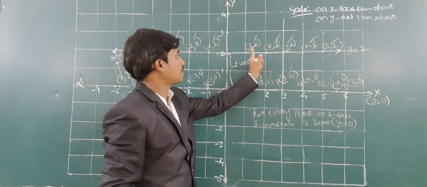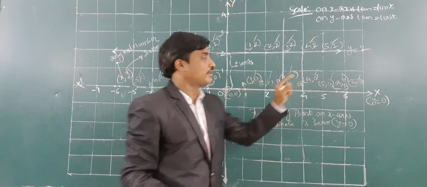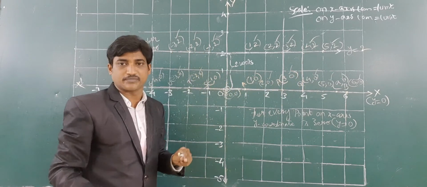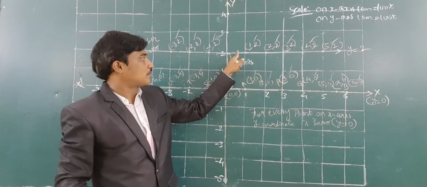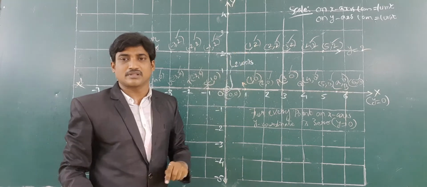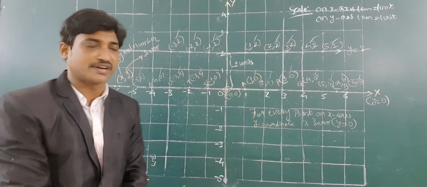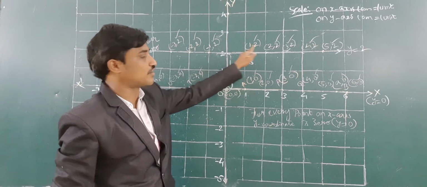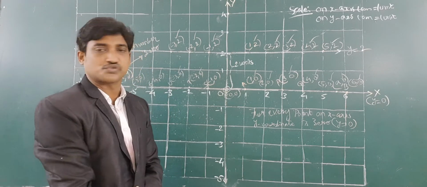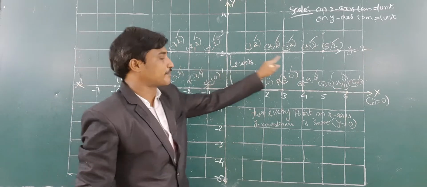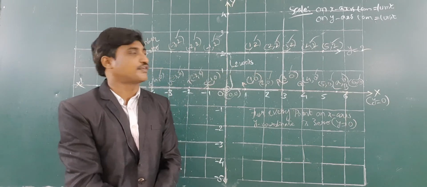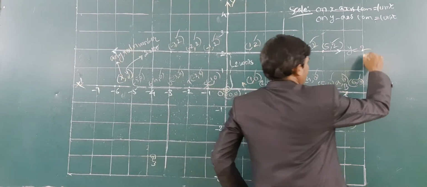The x-coordinate takes values 1, 2, 3, 4, 5, -1, -2, -3, and also fractions like 1/2. That means the x-coordinate is any real number, and the y-coordinate is constant, that is 2. So we can represent this line with the equation y = 2.